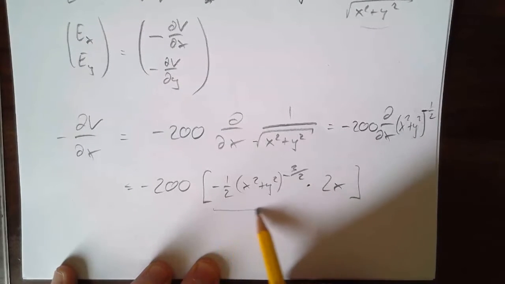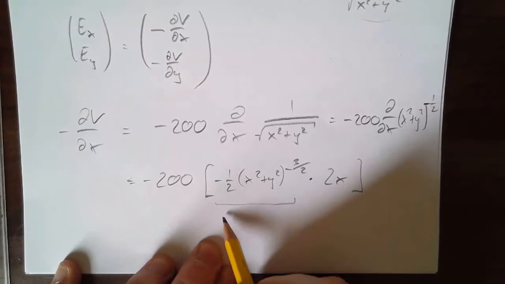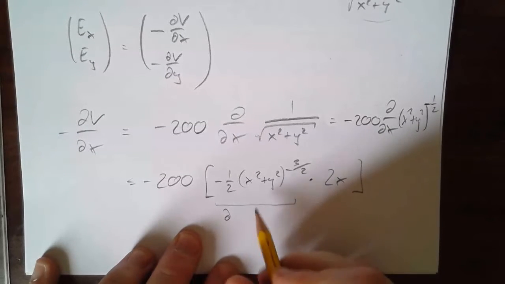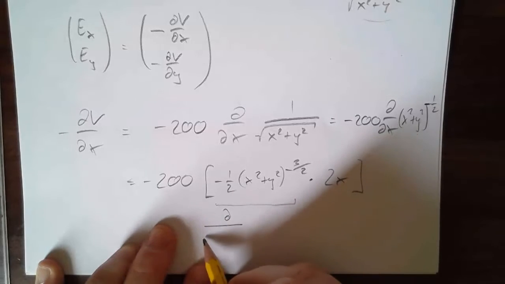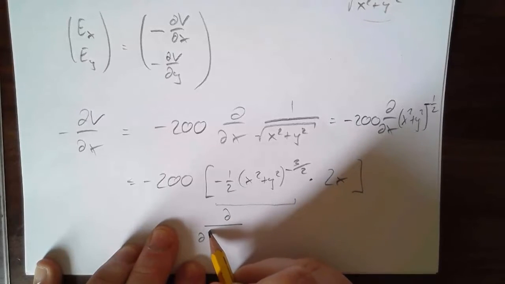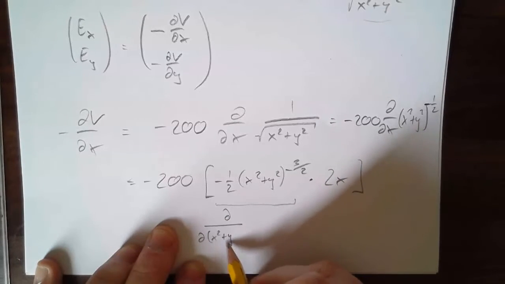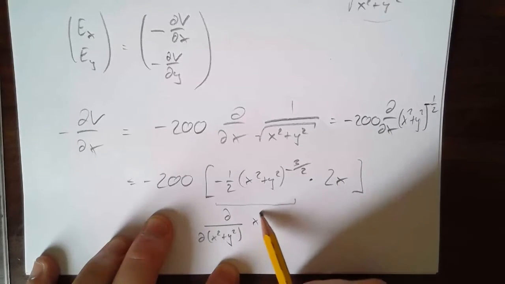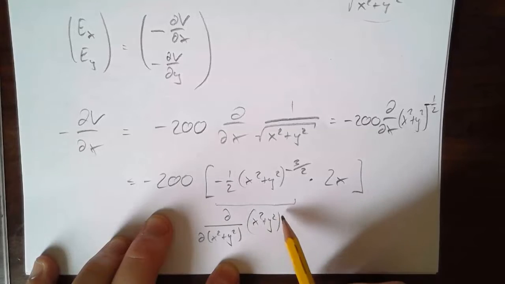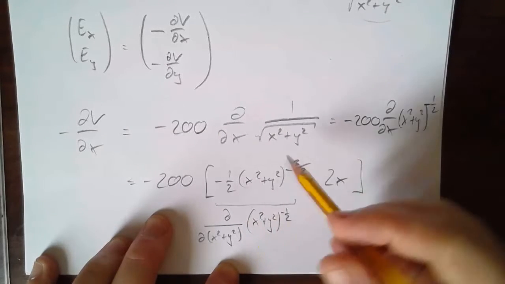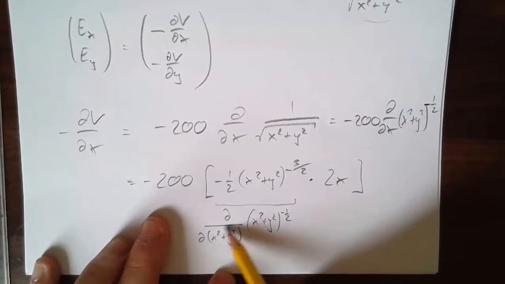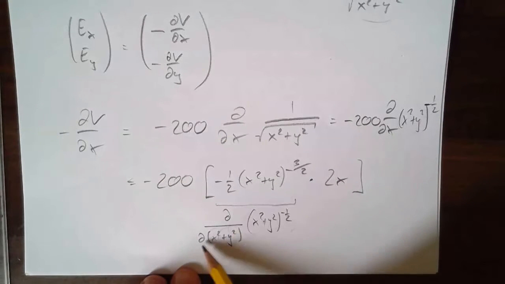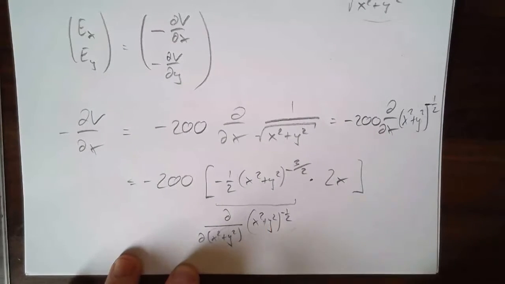This part here is d with respect to x squared plus y squared of x squared plus y squared to the minus 1/2. Take the derivative with respect to this of this. You can think of it as d/dr of r to the minus 1/2.